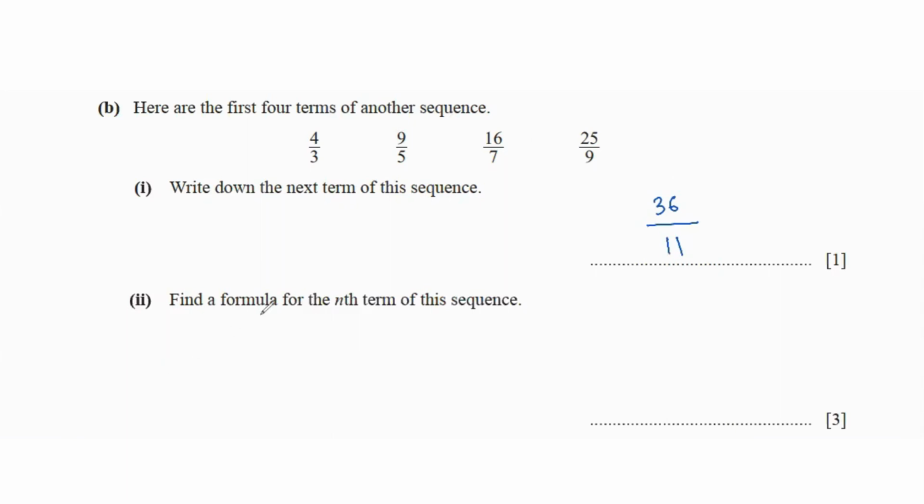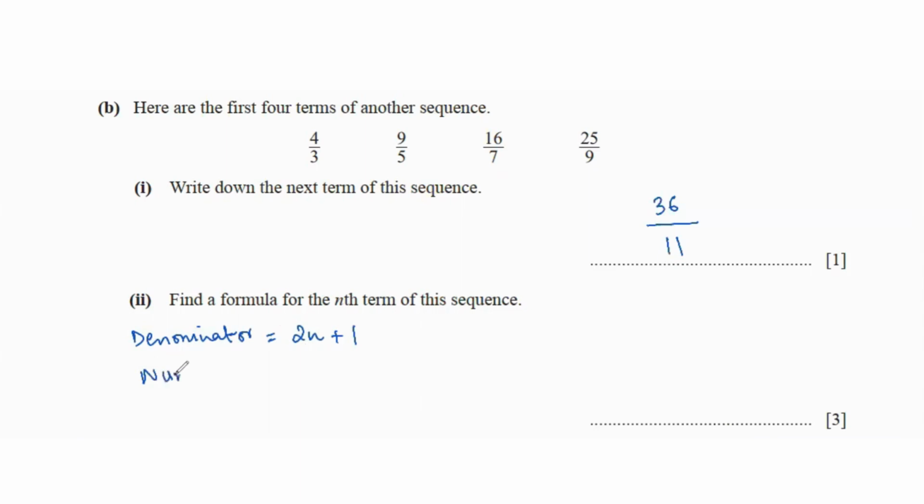And for the nth term, since we said that the numerators are square numbers, for the denominator there's a difference of 2. So we do 2n, but since 2n would give us an even number, we add 1 to this. So 2n plus 1 gives us odd numbers.